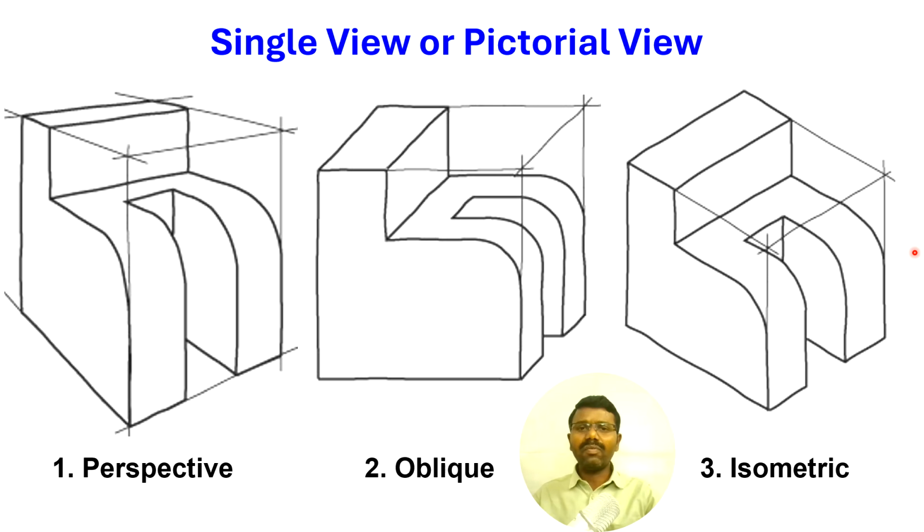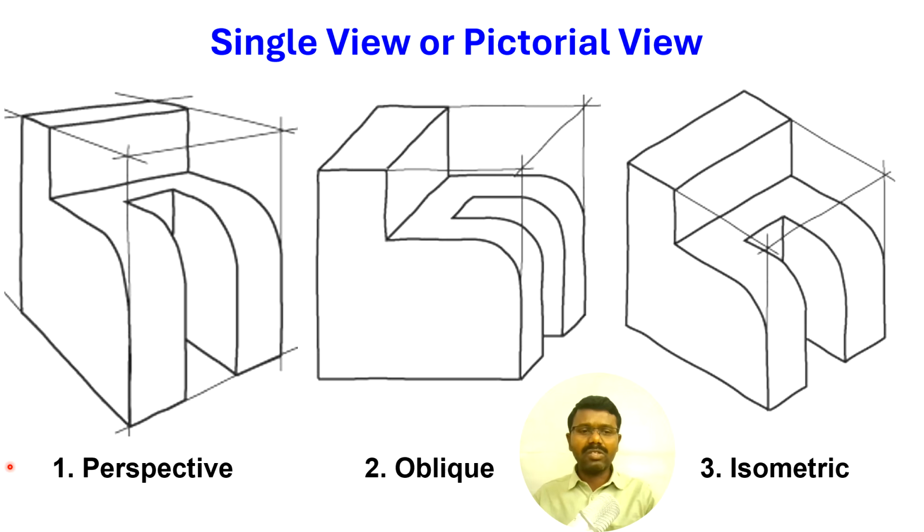There are 3 forms of representing the pictorial view: perspective view, oblique view and isometric view. If the drawings are drawn the way they appear when we see with our naked eyes, they are called perspective view. Here the drawing dimensions depend on the distance between the object and the observer.